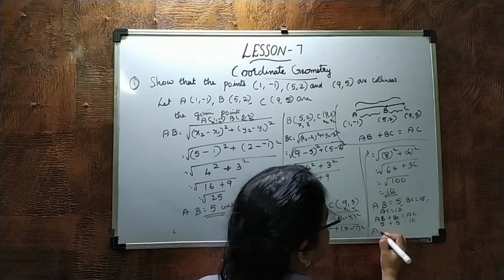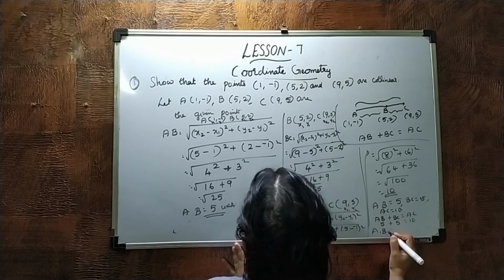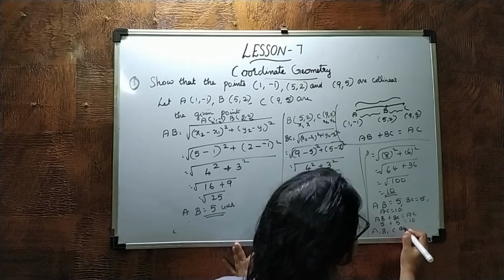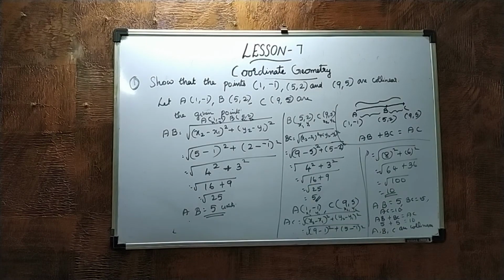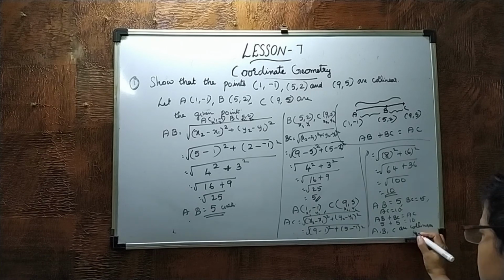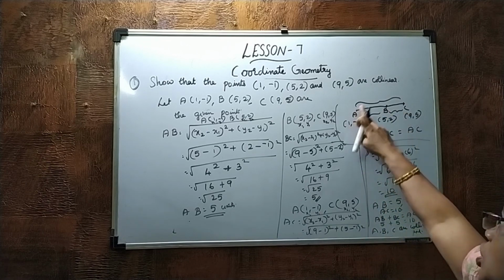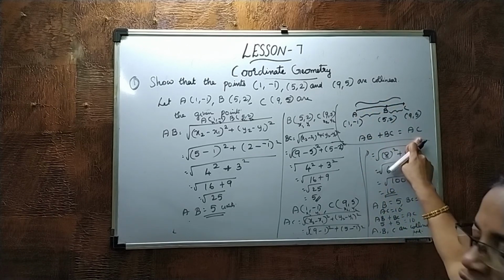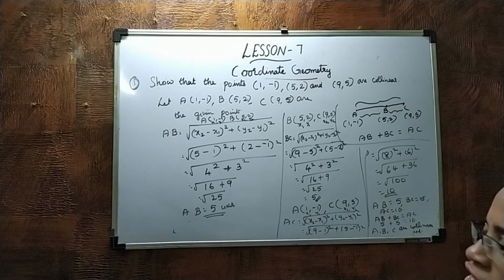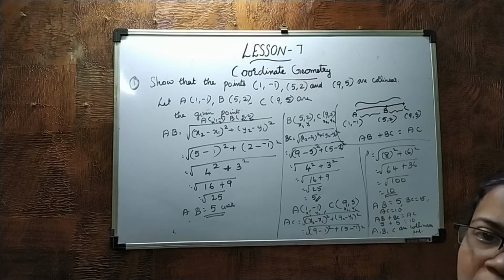A, B, C are collinear points. So remember about the points: collinear means AB plus BC should be equal to AC. Find out whether they are collinear or not using the distance formula. Clear?